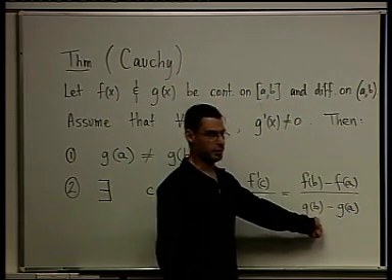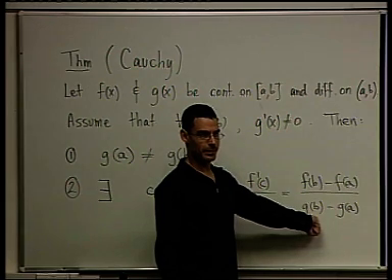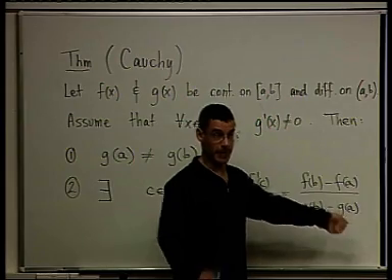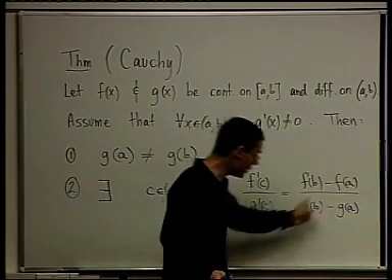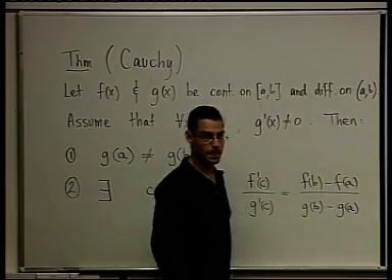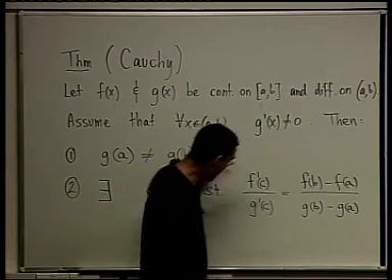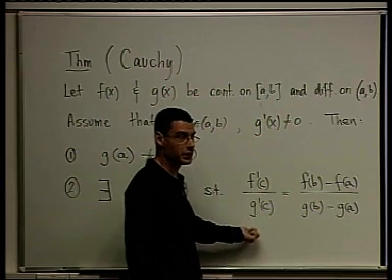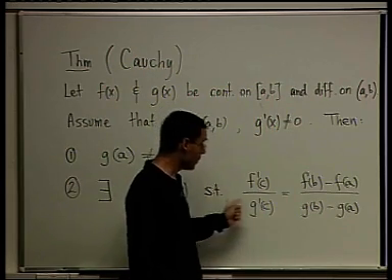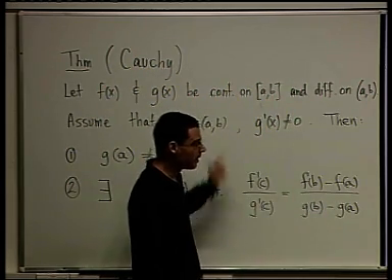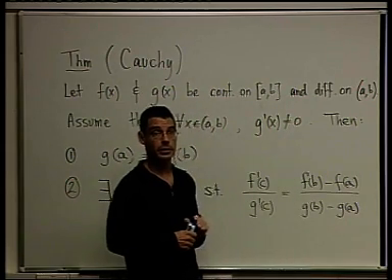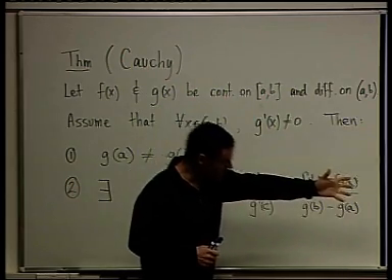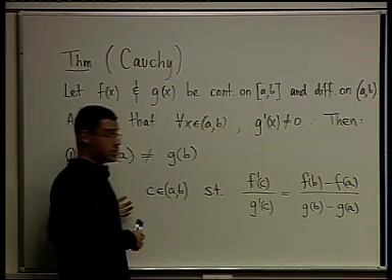So what is g of b? b. And what is g of a? a, right? So here you get b minus a. So do you see that applying this for a general f, but for g being specifically g of x equals x, we get precisely Lagrange's theorem on the previous board? Does everybody see that? So Lagrange's theorem is a special case of Cauchy's theorem.